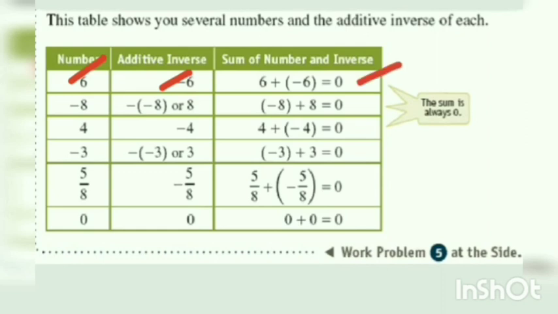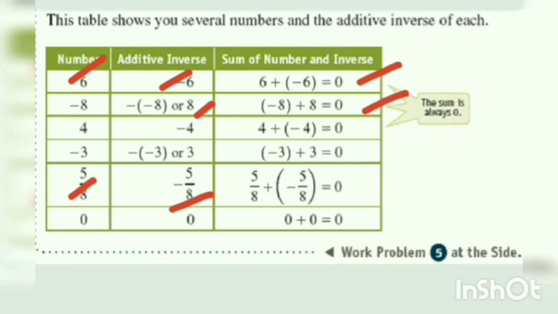Now, second is minus 8. So the negative of minus 8 is positive 8. Now when you add minus 8 and 8, again we get the result 0. Let us see this: 5 upon 8, the additive inverse of 5 upon 8 is minus 5 upon 8.